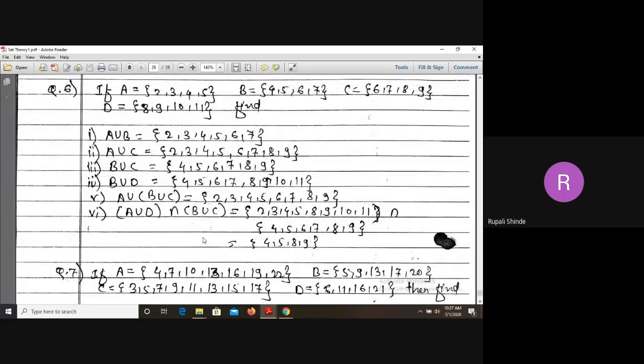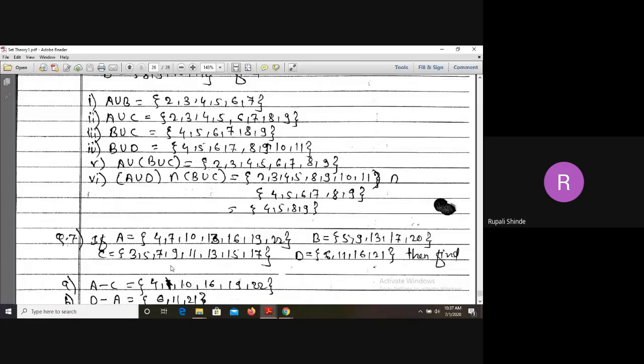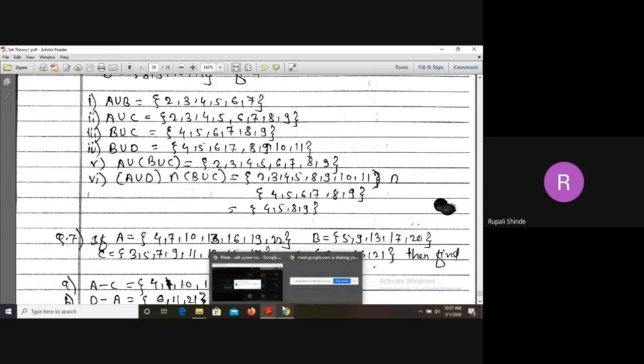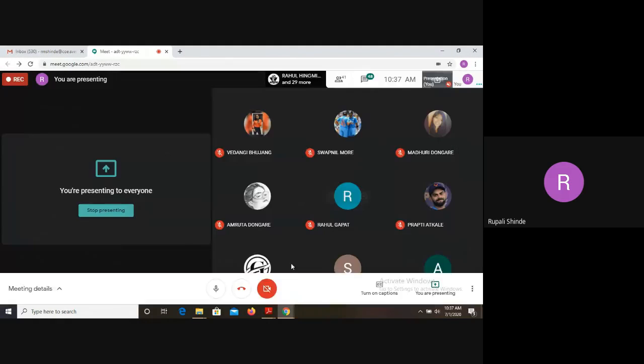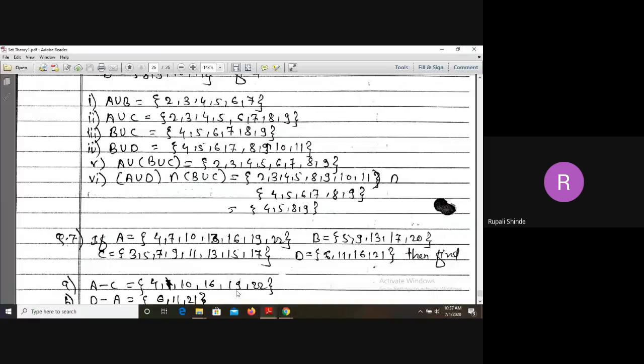Okay. So in next question, again they have given four sets and we have to find out what is the value for A minus C. So what is the meaning of this minus operation? We have discussed this. This operation is a relative complement.